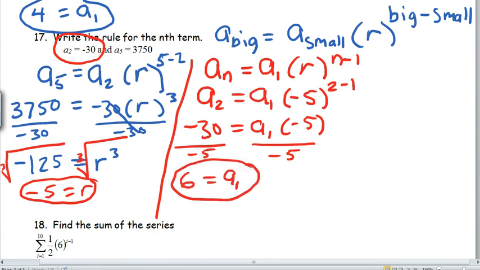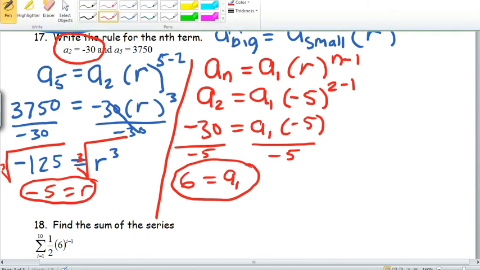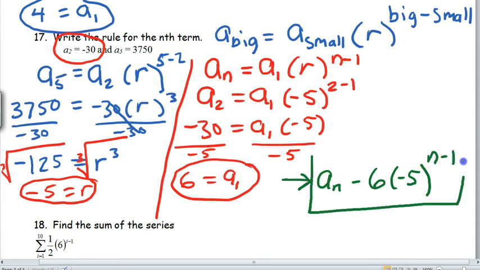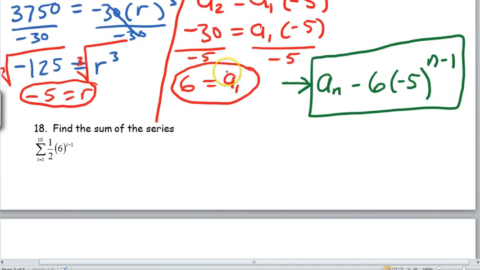So, I have A1 and I have R. I'm ready to write the answer. So the answer is AN equals 6 times negative 5 to the n minus 1 power. Any questions?